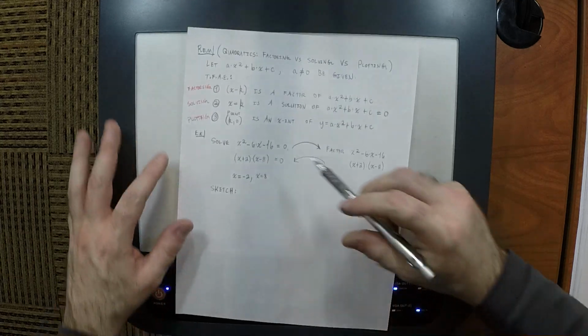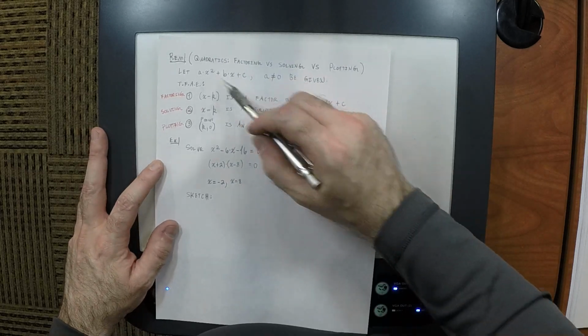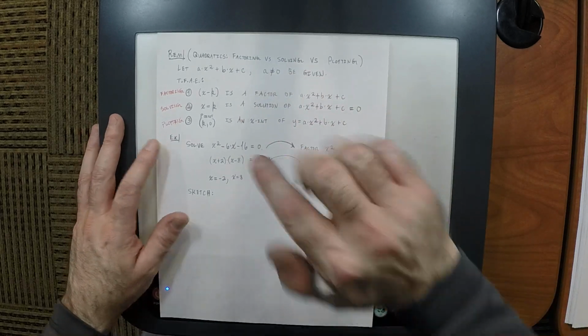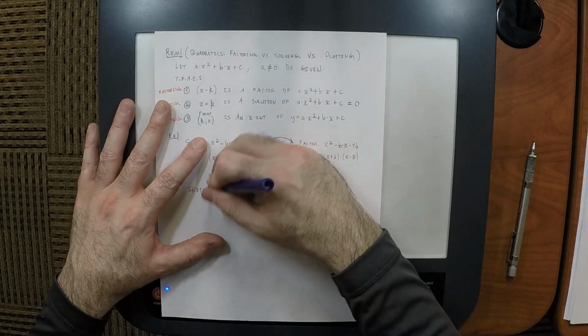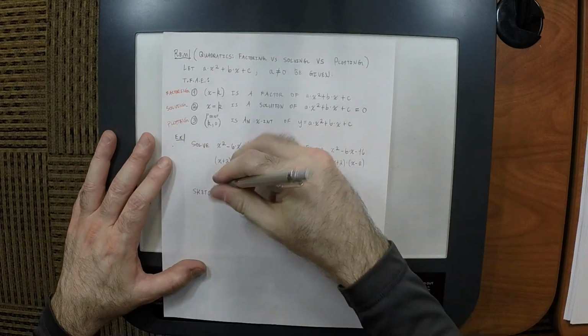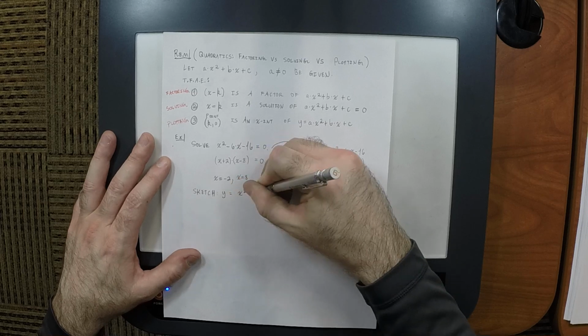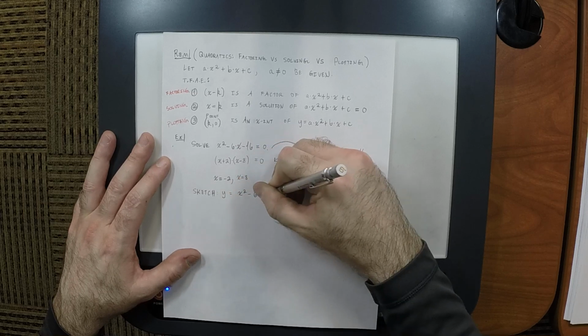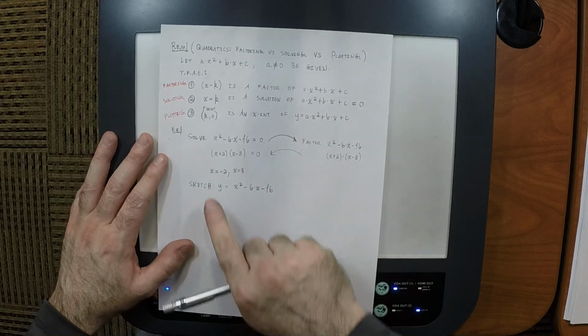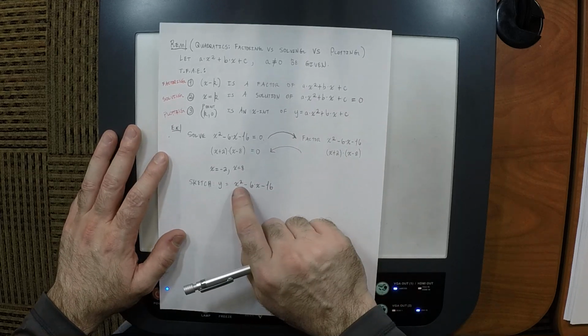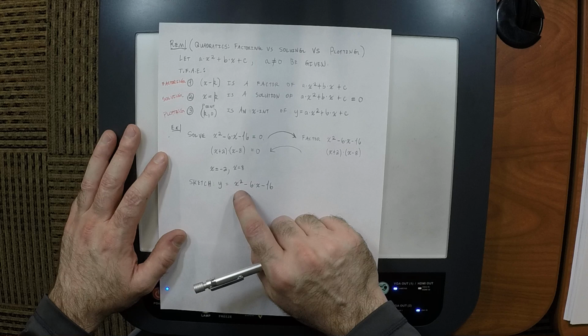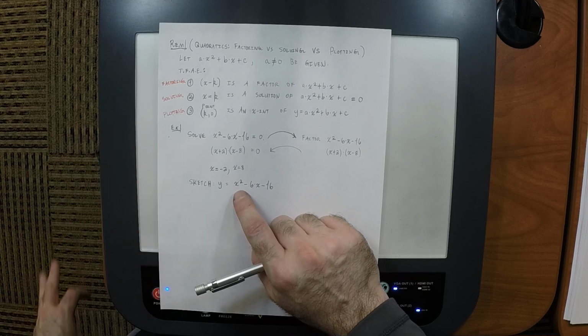So what we know about this is we know two things. So specifically, we want to sketch y is x squared minus 6x minus 16. Now, because it's a quadratic, that means that its shape is going to be a parabola.